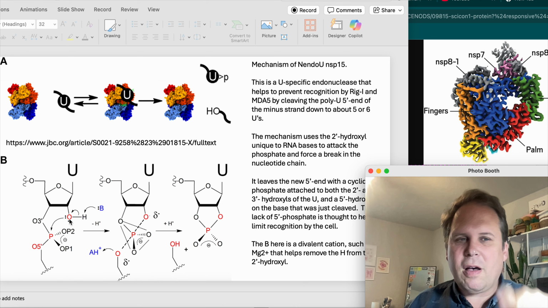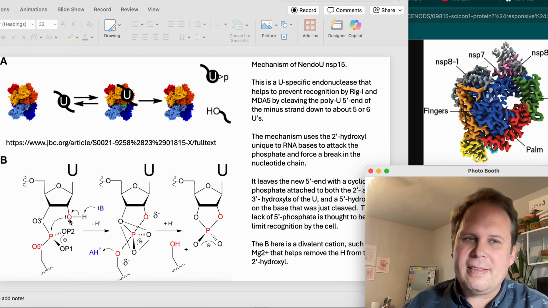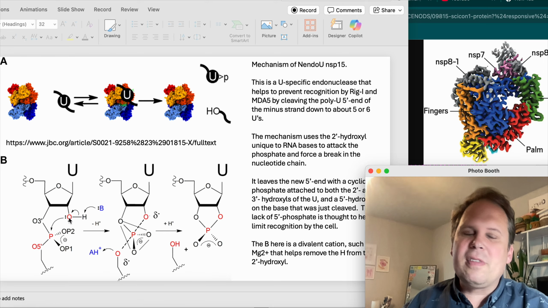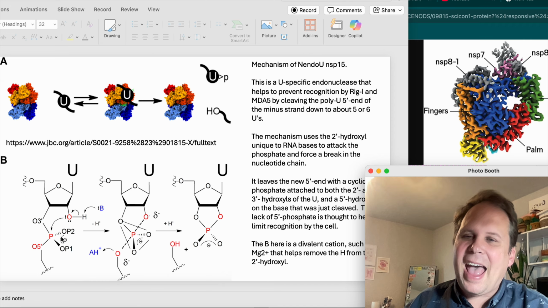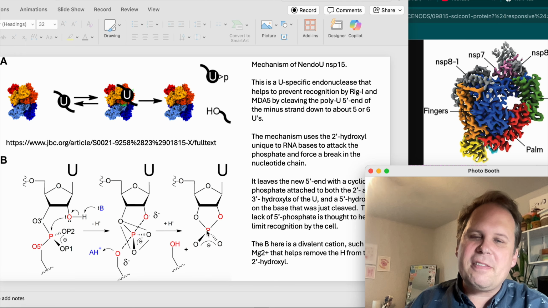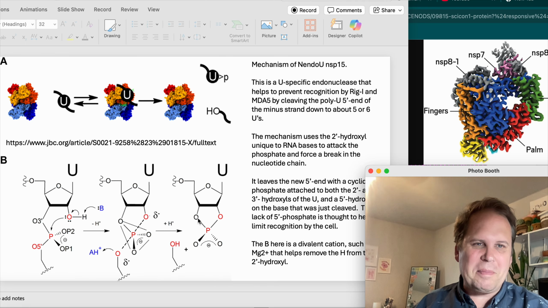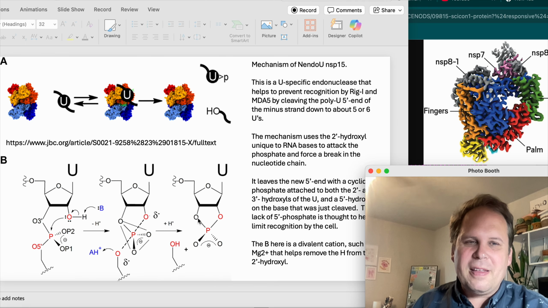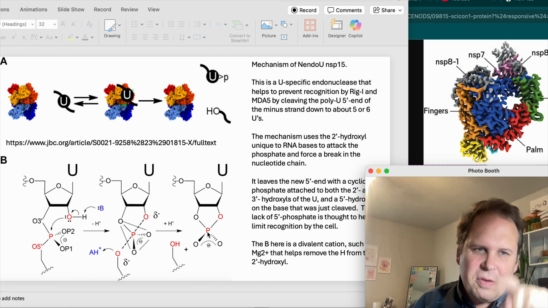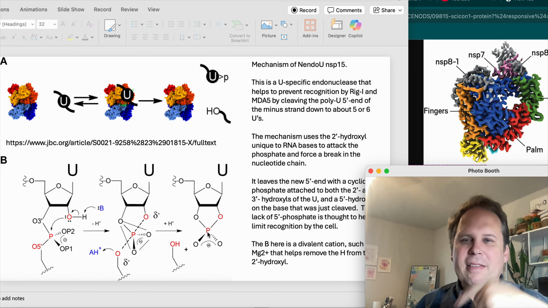So this is the one that's on RNA and is not on DNA. And so we're going to use the 2' to attack at the phosphate. And when it does that, it's going to make this weird little ring. And so the phosphate is going to be left here attached to both the 2' and 3' hydroxyls. That's weird. And this is the phosphate that should be on the 5' end of the other nucleotide.